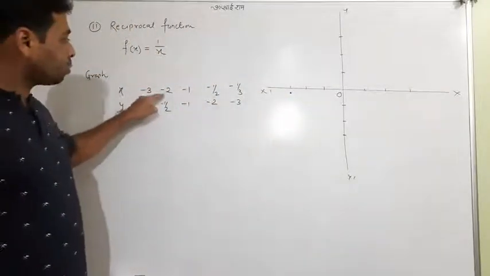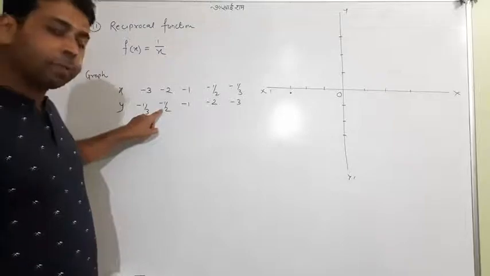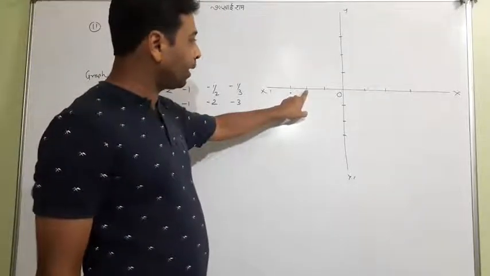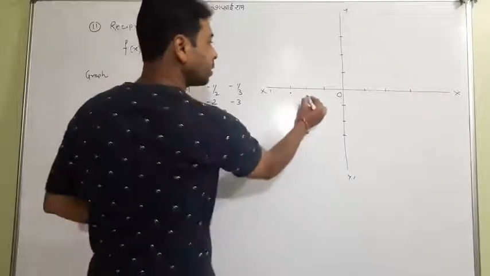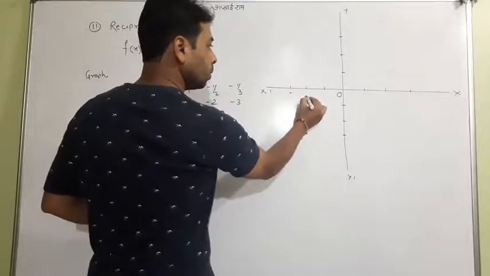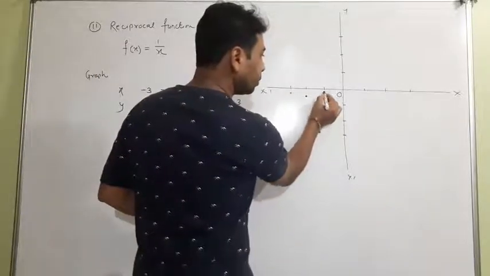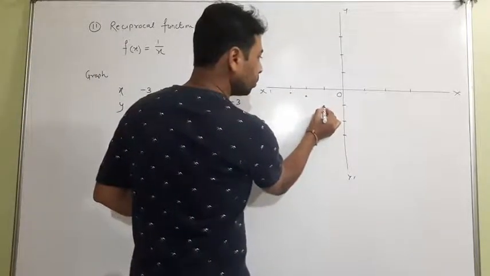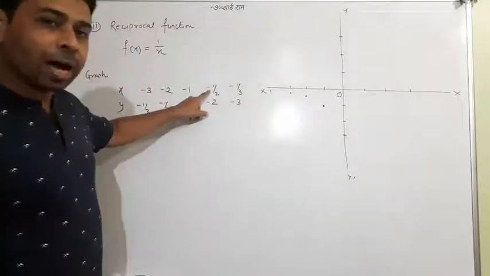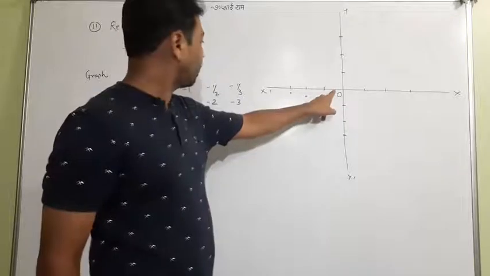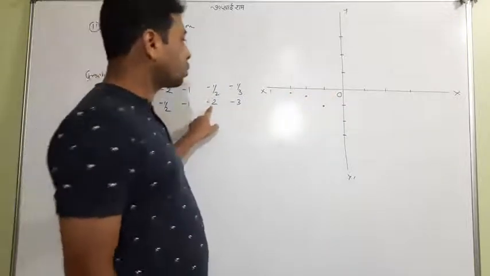Second is minus 2 and minus half. Minus half means minus 0.5. So minus 2 and minus 0.5 is here. Next is minus 1, as usual, minus 1 here. When you choose x equal to minus half, that is minus 0.5, we have y equal to minus 2.